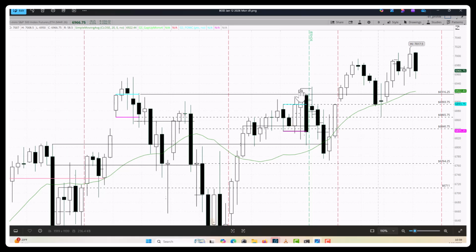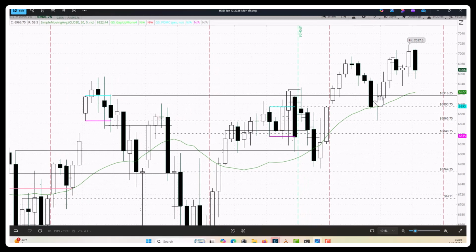So 1, 2, 3, 4. Let's count the downside, which is the buy side liquidity: 1, 2. So basically it's imbalanced right there. Only 2 to the downside, but 5 to the upside. That means the sell side liquidity is imbalanced, so it may come down and balance this level.